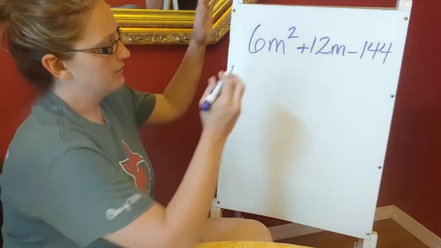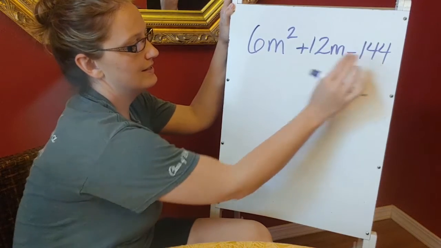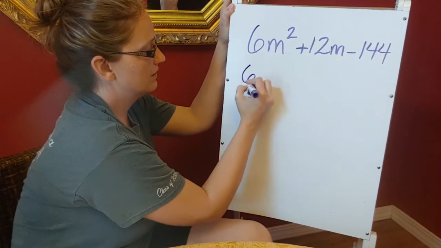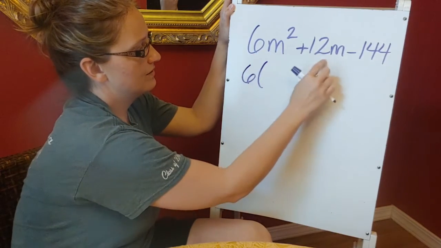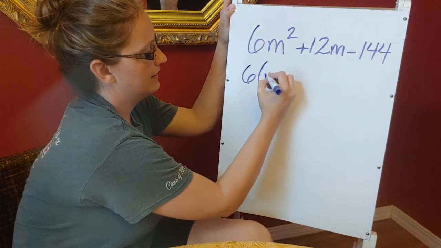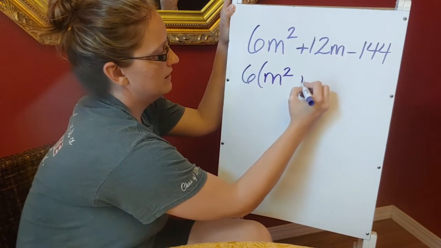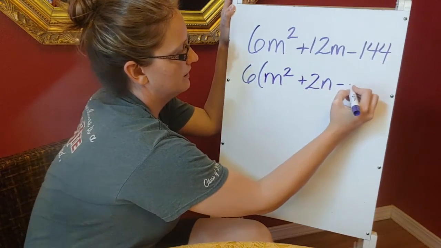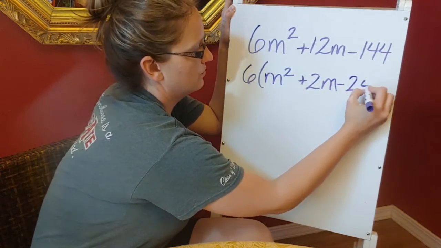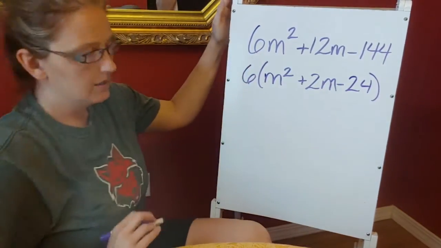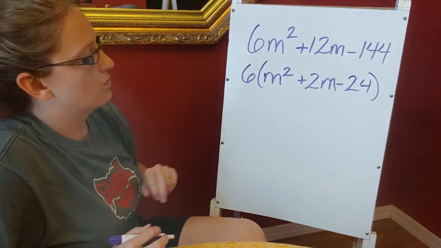It'll go in there 24 times, so I know I can factor a 6 out of all 3 terms. So I'm going to factor that out. If I divide these terms by 6, I'm left with m squared plus 2m minus 24. 144 divided by 6 is 24.